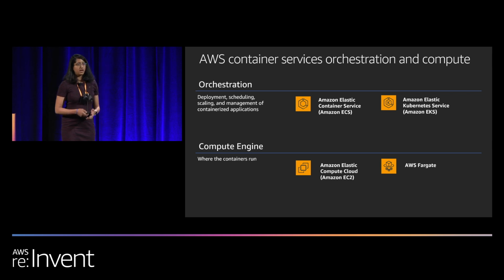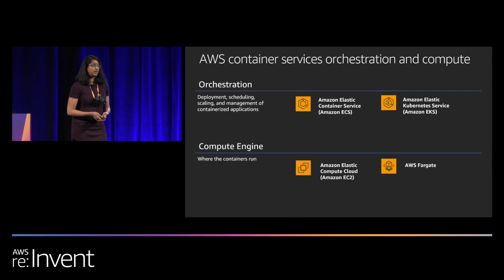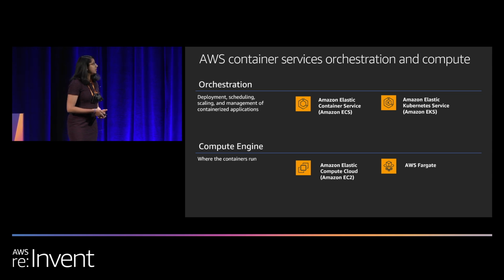ECS is a fully managed, highly scalable, highly available container control plane. It is designed to integrate with different AWS services like Autoscaling, ELB, security, and IAM. It is designed for AWS best practices, and it is built to perform at scale. You can even take advantage of our CloudFormation or Terraform tools to manage your deployments.